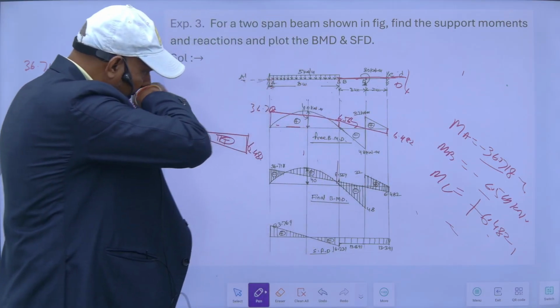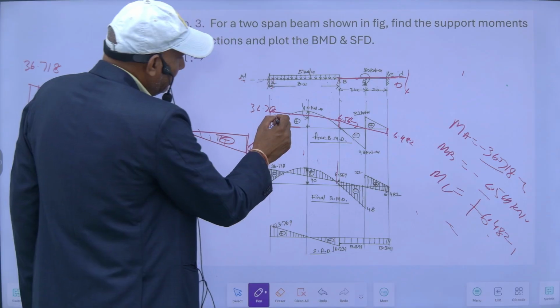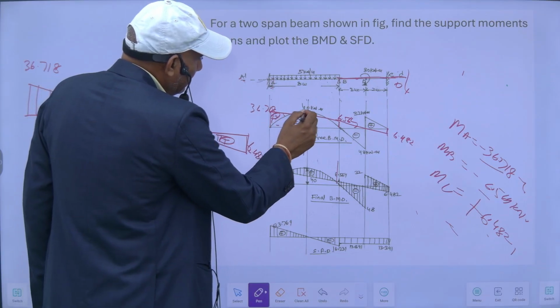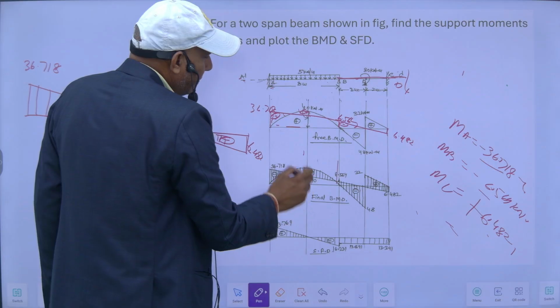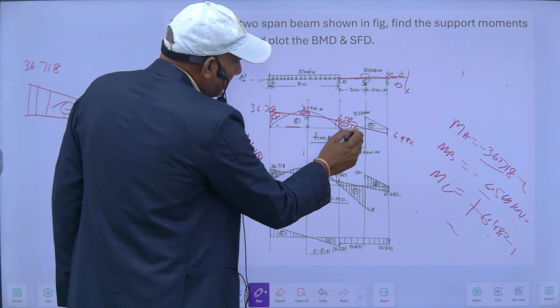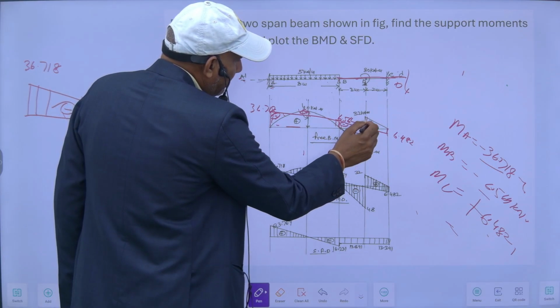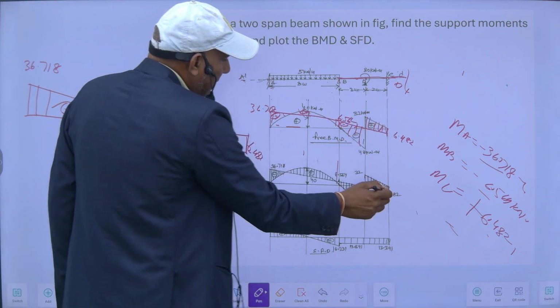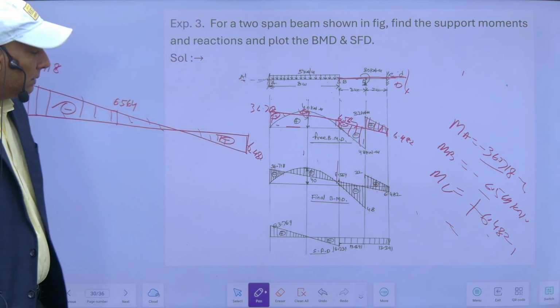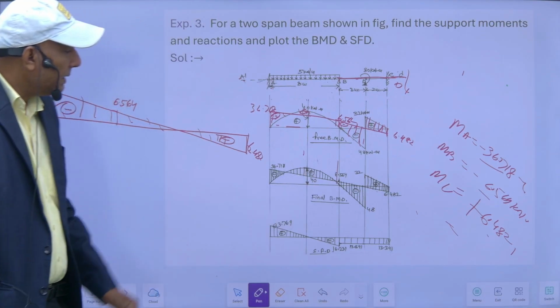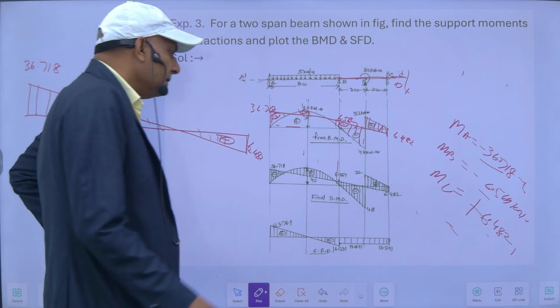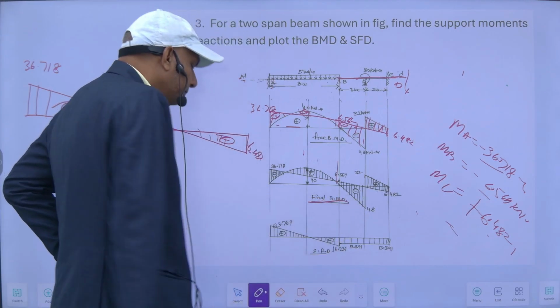So my diagram will be like this, and this will be plus. I will get this diagram. So now this is my final bending moment diagram. This is the final BMD.